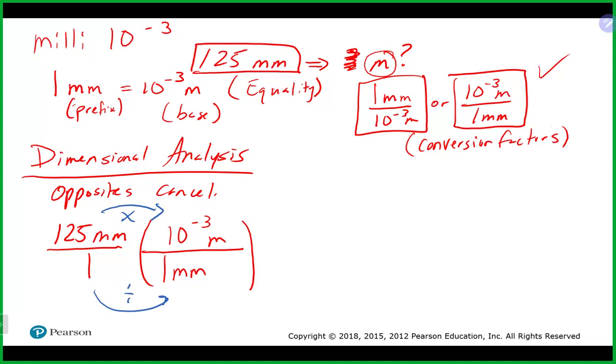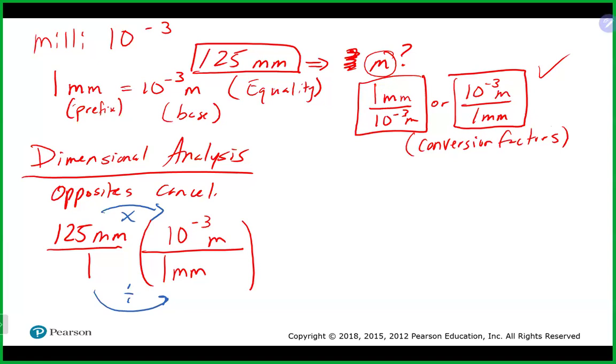In this case, we only got one thing on top, one thing on the bottom. But if I have 3, 4 things, it doesn't matter. Everybody on top gets multiplied. Everybody on the bottom gets divided. That keeps the math pretty simple as well because I know exactly what I should be doing math-wise.